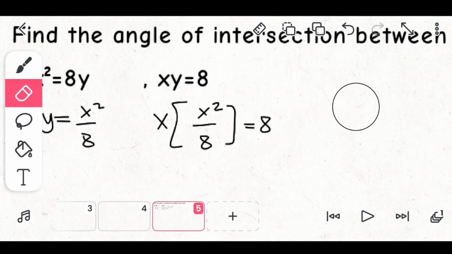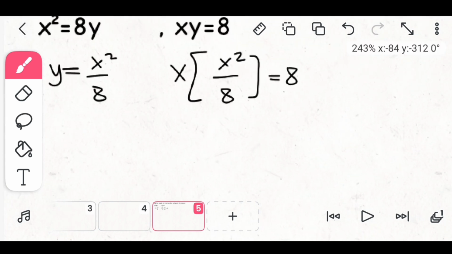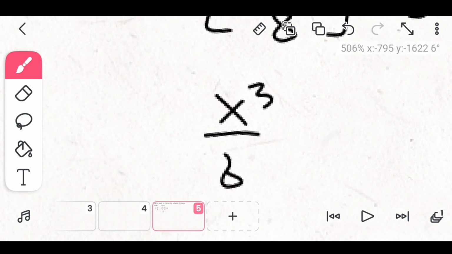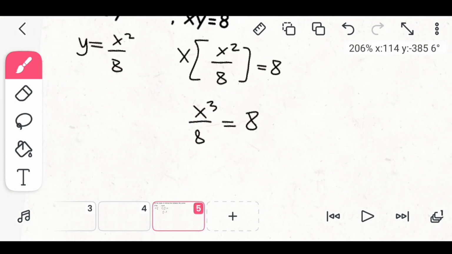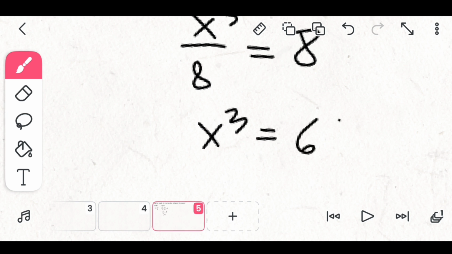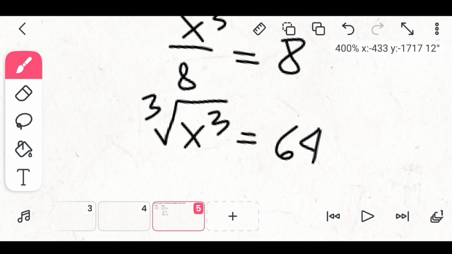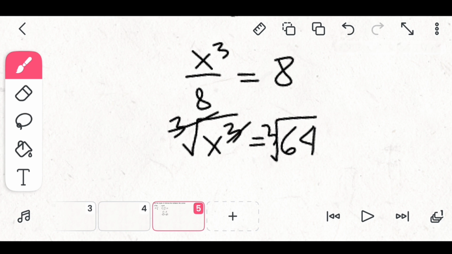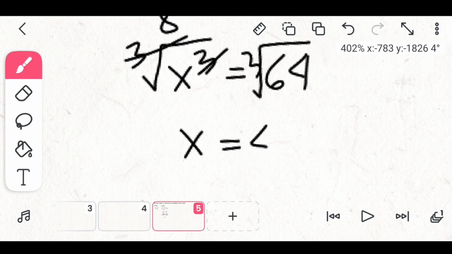And let's erase that. Then let's distribute the x over 8 equals 8. Then multiply both sides by 8 to cancel the 8, which gives us 64. Then let us put this in a cube root to cancel the power of 3. Cancel. Then the cube root of 64 is 4.